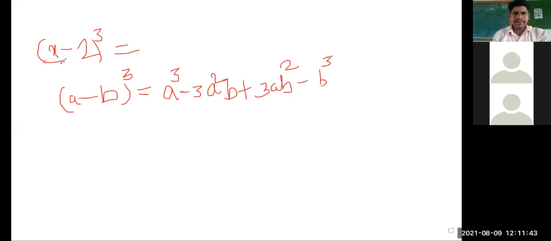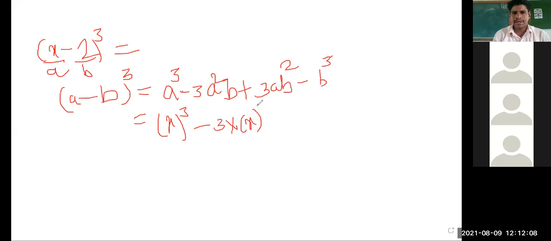Yes, this x is your a, and this 2 is your b. Okay, getting it? So now put the values. a cube means x cube. Instead of a you have to write x. I'm writing in bracket minus 3 into a square, that means here x square, into b, which is your 2, as it is.